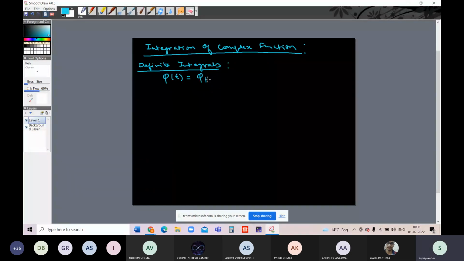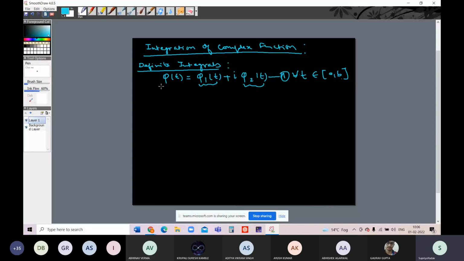We can represent this function phi t like this: phi1 t plus iota phi2 t, where phi1 t and phi2 t are real valued functions, and the domain for this function is the interval a to b, where t belongs to this interval a to b.